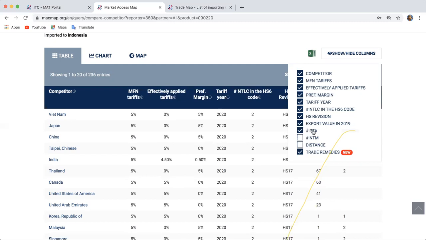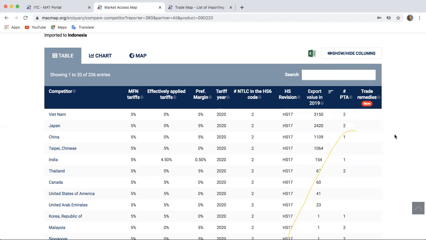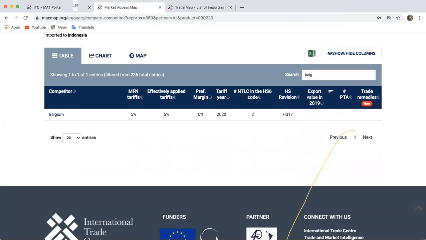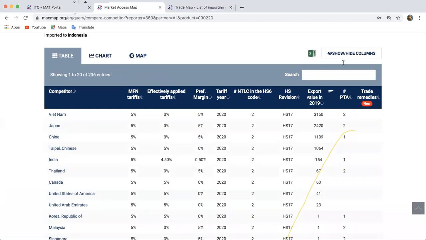But for example, the preferential trade agreement is an interesting one. So you can see that Vietnam also has two preferential treatments it can take advantage of, Japan, which is us. But China only has one. So I assume it's ASEAN. But yeah, you can play around with that as well. And you can search for a specific country. If I want to look at Belgium, I can see that Belgium pays 5% in Indonesia.